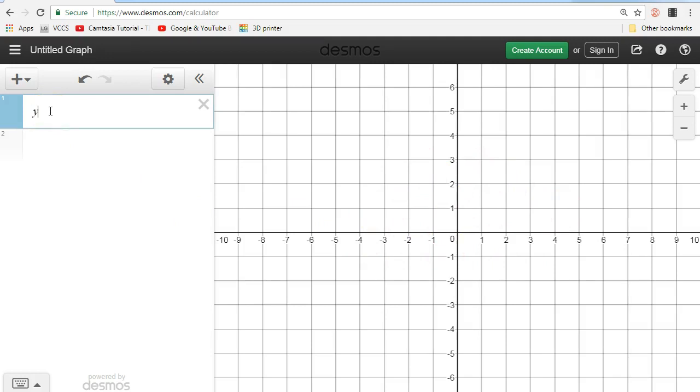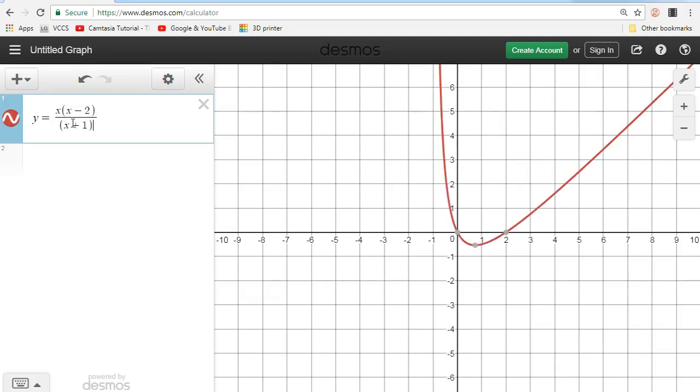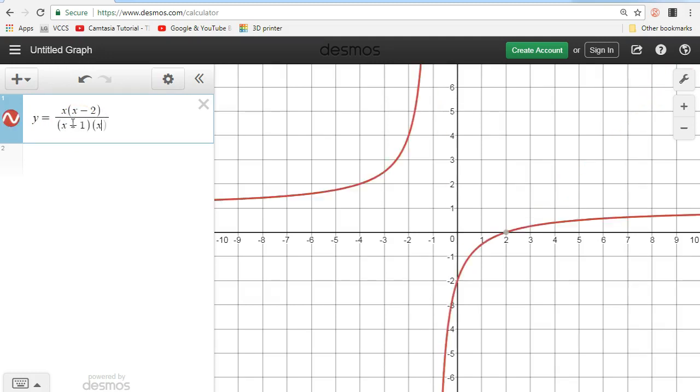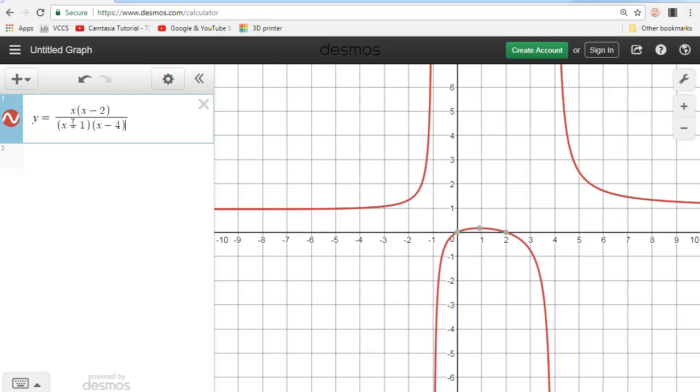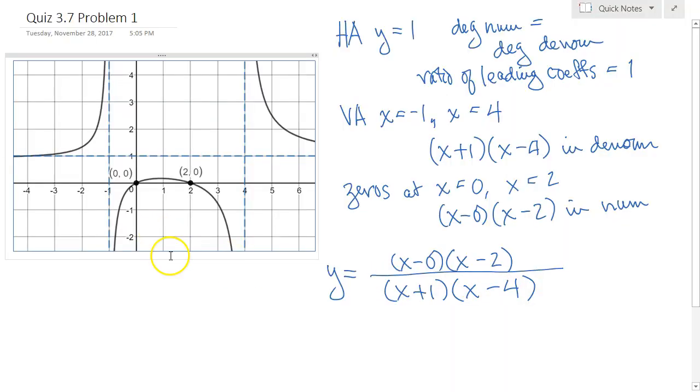So, over on the left, I need x times x minus 2 over x plus 1 times x minus 4. And dang it, that doesn't look a whole lot like the picture that we have here.